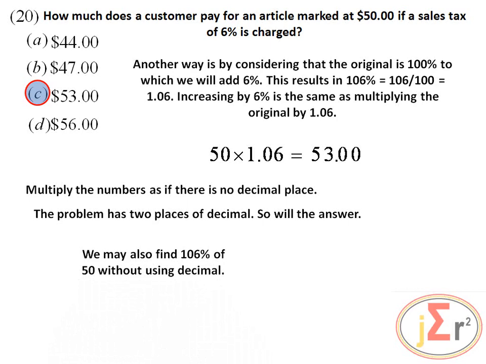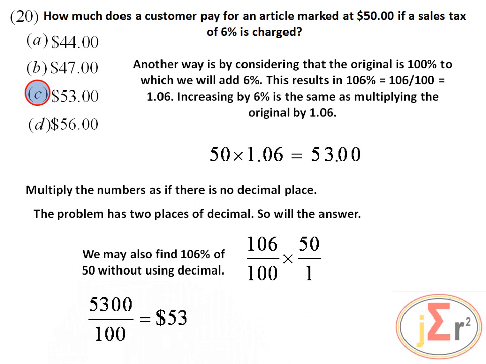We may also find 106% of 50 without using decimals, so write 106% as 106 over 100. That we multiply by 50. The numerator turns out to be 5,300, that we divide by 100, and we have $53, confirming that we were correct.